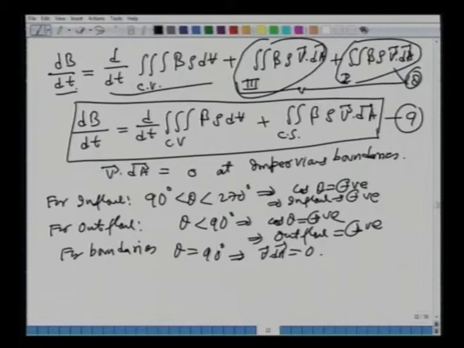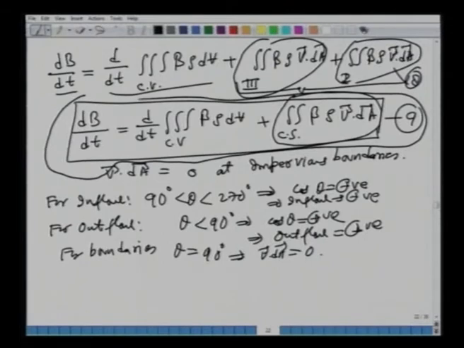So, if we combine the last two terms into a single term, we say that across the whole cross sectional area, the quantity beta rho v dot dA flows across the whole control surface. So, this is your final expression for the Reynolds transport theorem, which consists of these two components.